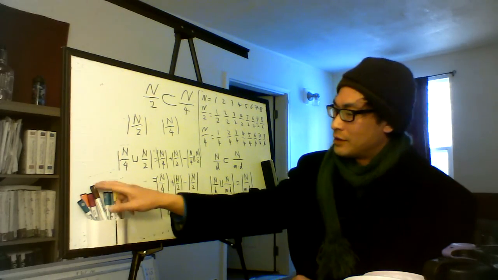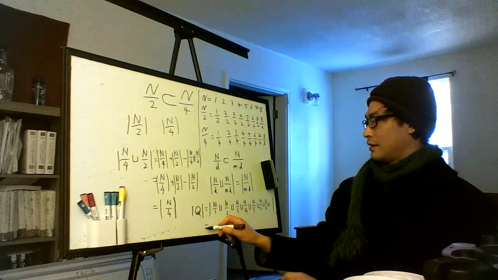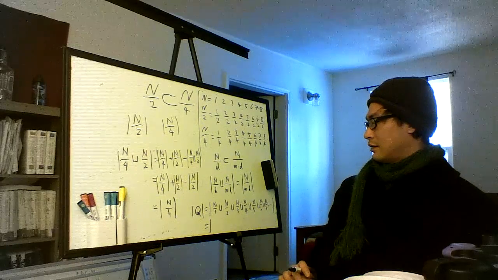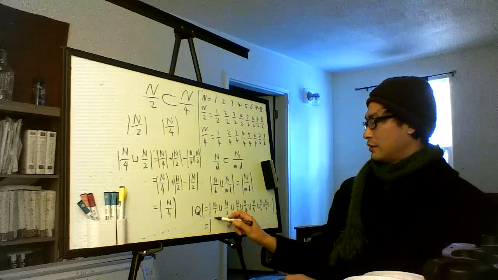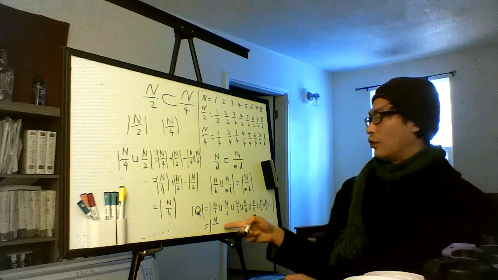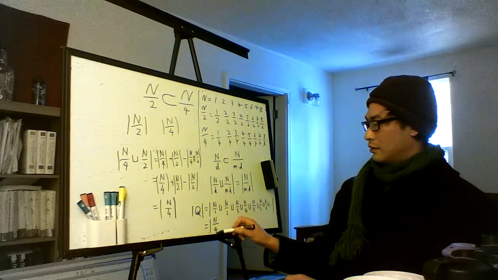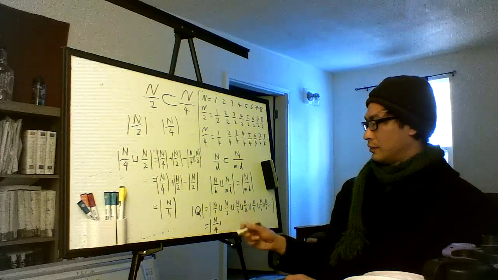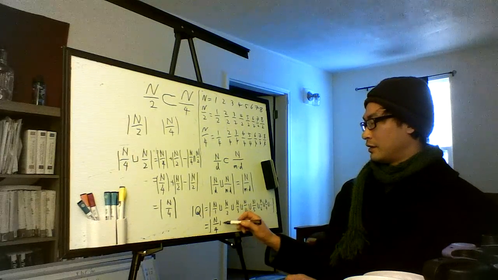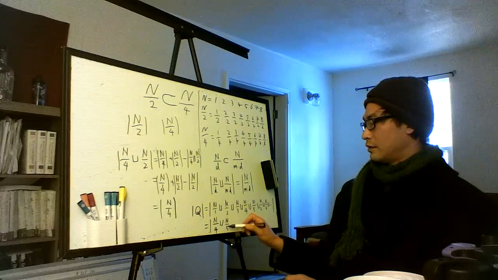Our hypothesis is this. It becomes the set of all composites. Yeah, 4 is the first composite number, right?